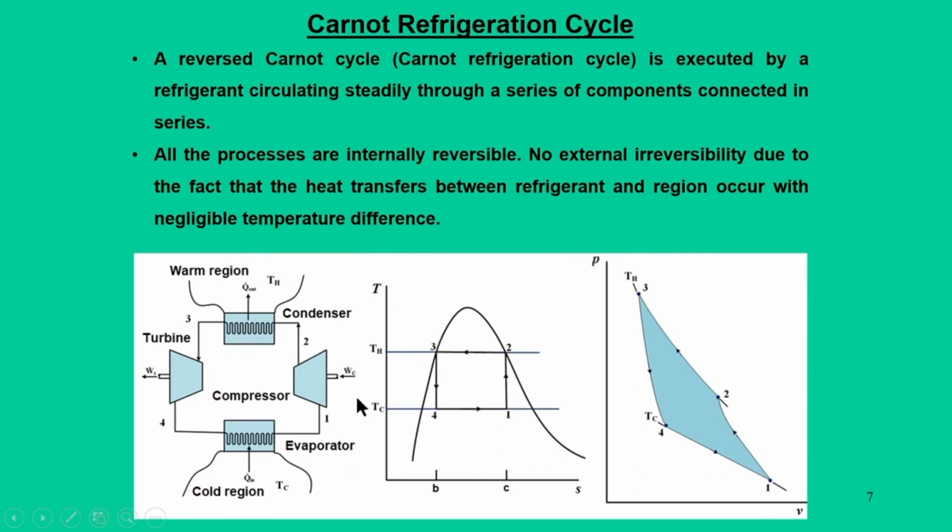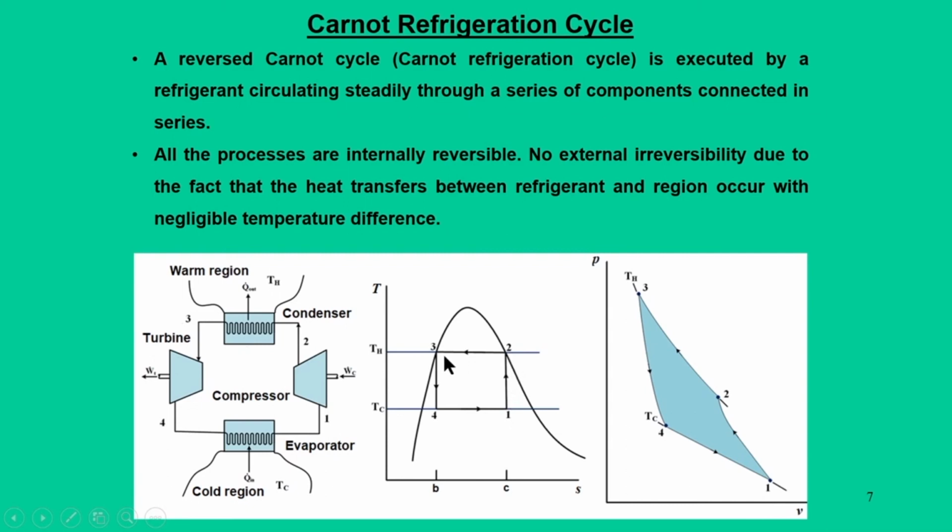In a TS diagram, the cyclic processes are represented as a rectangle, whereas in the PV diagram this cycle has two reversible isothermal processes and two reversible adiabatic processes. The process starts from 1 to 2, which is in a compressor, so we say isentropic compression.